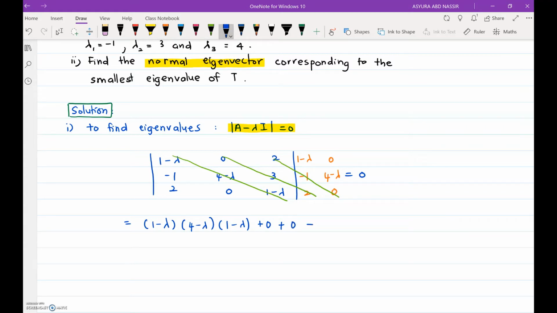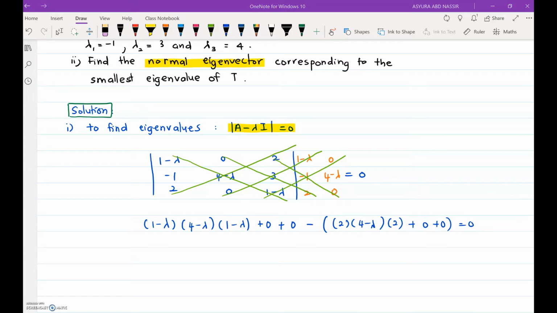And then minus, we have this one, 2 times 4 minus lambda times 2. And then plus, we have also 0, and another one is also 0. Plus 0 plus 0 equals 0. Next we will simplify.